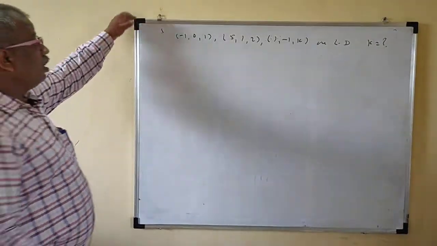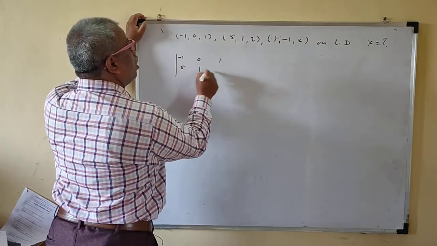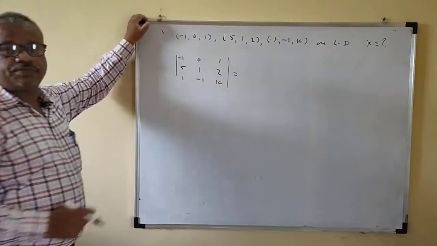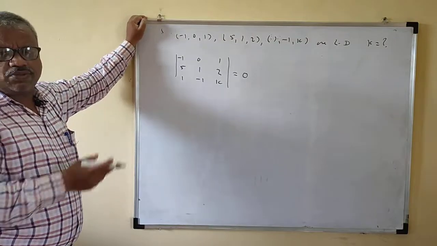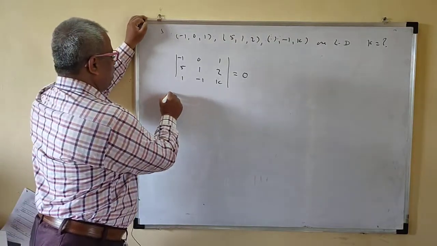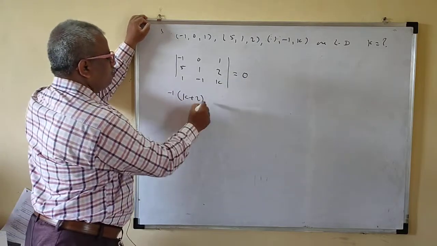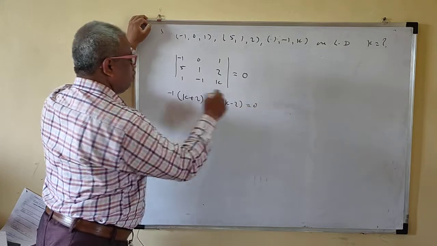You have to find the value of k. So you write the matrix with rows minus 1, 0, 1; 5, 1, 2; 1, minus 1, k. The determinant is 0. Options are given to you. Now, minus 1 times this is minus 1 times (k plus 2). This entry is 0. Plus 1 times (5 times minus 1 minus 1 times 1), which is minus 2, equals 0.